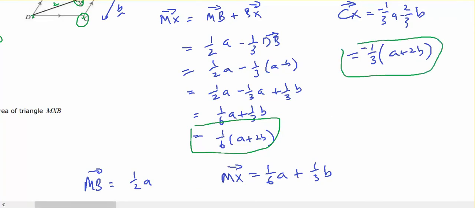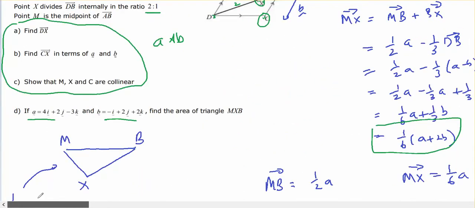And you can now see that they're parallel to each other because MX can be expressed as k CX, where it's going to be -1/2 CX. Therefore, MX equals -1/2 times CX. -1/2 gives me 1/6, yep. Therefore, they're collinear.